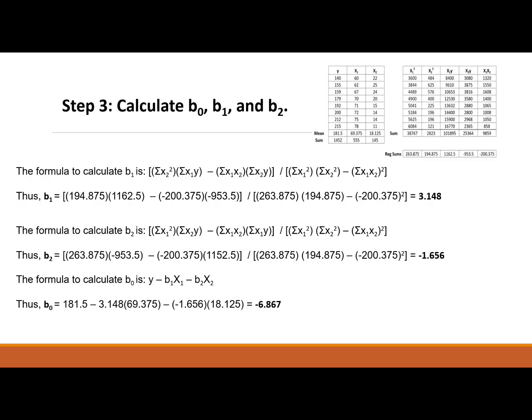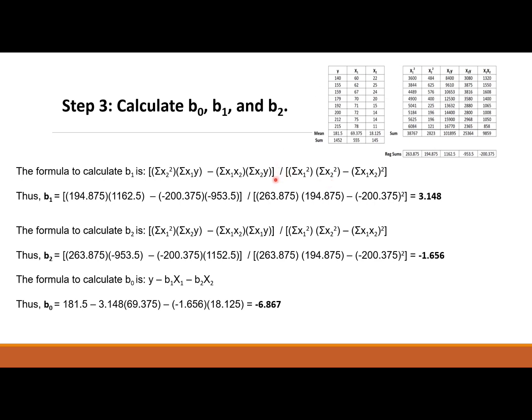So next, we have to calculate beta 0, beta 1, and beta 2. The formula to calculate B1 is like this. The summation of x2 squared times the summation of x1y, minus the summation of x1 times x2 multiplied by the summation of x2 times y.